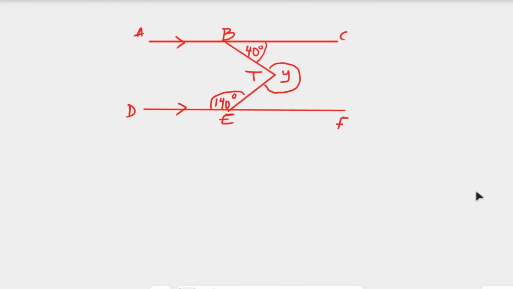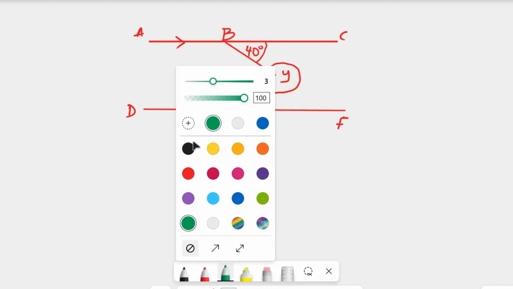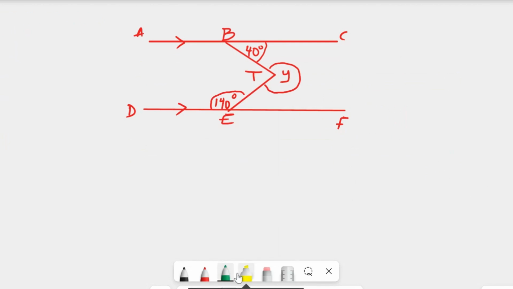So the next thing is to introduce your third parallel line. You can use broken lines for that, and that's what I'm going to do here. It's going to be something like this. It has to pass through this point. Okay, so that's my third parallel line, and as it stands, this line is parallel to the two previous lines.